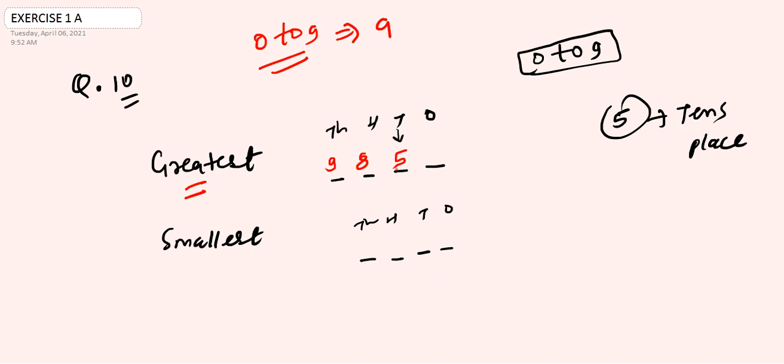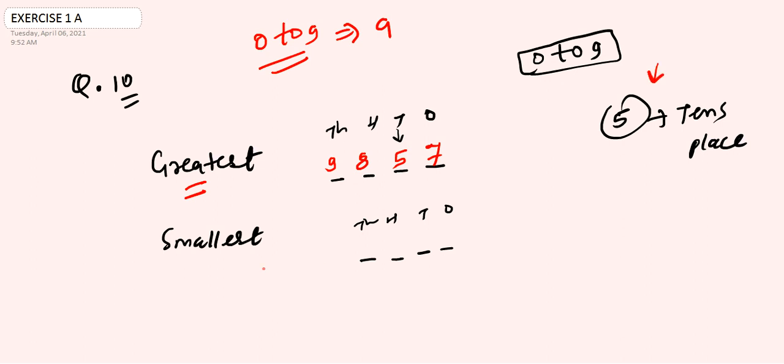Then 5 is already used there. You can't use any other digit. So 9, 8, 5. Then 9 and 8 are used here. Then the third largest digit is 7. So 9857 is the greatest 4-digit number with the condition that 5 is at the tens place.